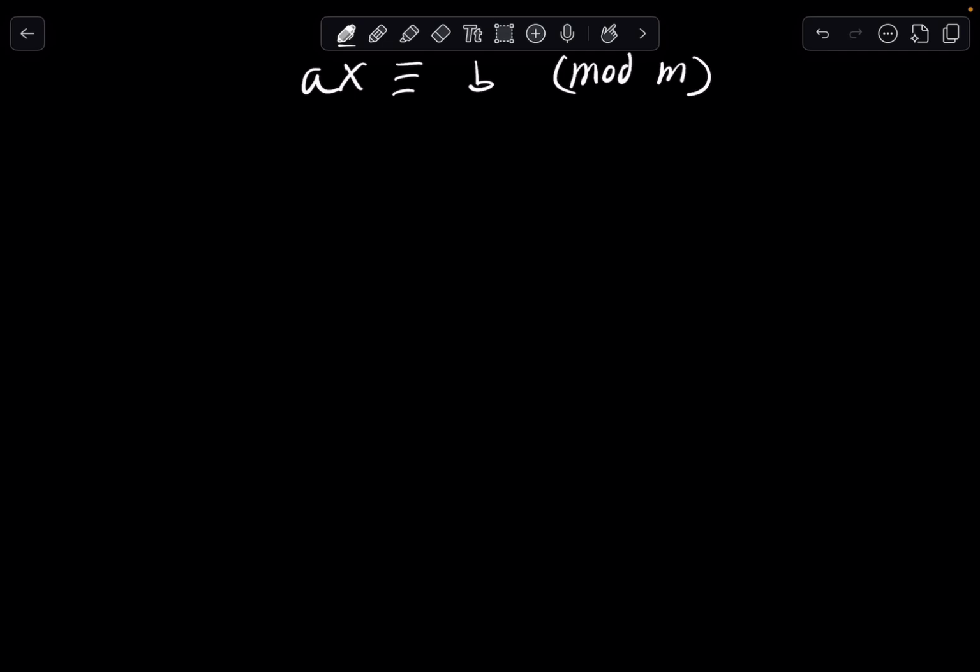And what that process is going to look like is we're going to take M minus K times A for some integer K in Z, the set of all integers. And this is going to equal, let's call this variable R, the remainder.